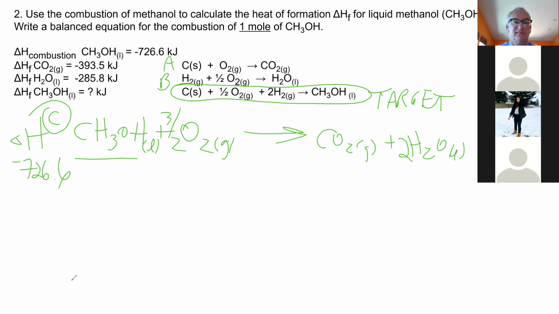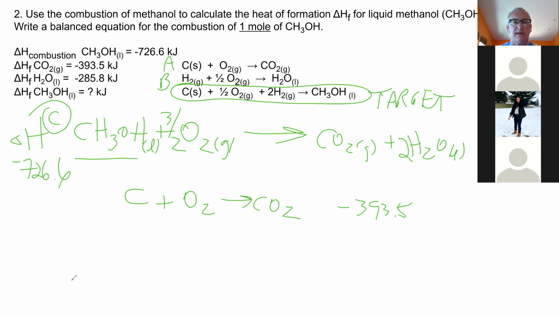Equation A, and it looks like it gives us the right amount too. So let's put carbon plus O2 gives us CO2. And what's the heat associated with that? Minus 393.5.